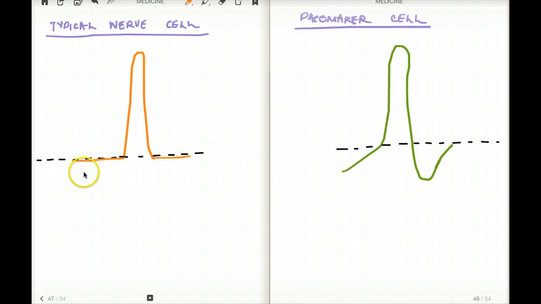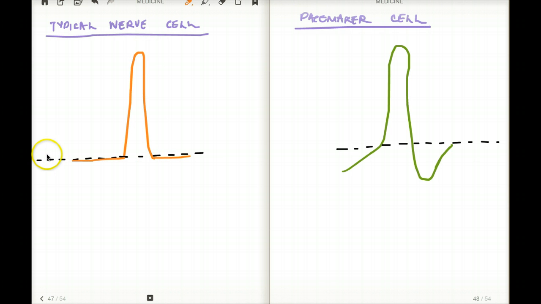It's like hitting something with a hammer: you have to hit it hard enough, only then will it go through. You have to hit the nerve cell with a certain amount of electrical impulse for the action potential to be generated.